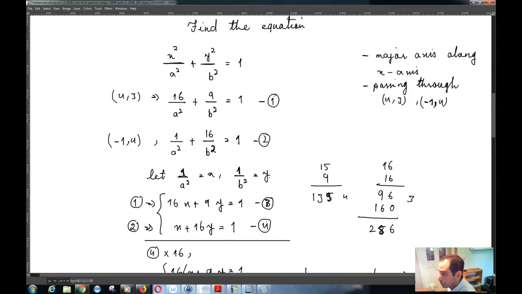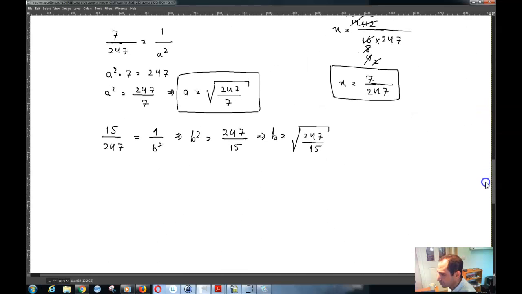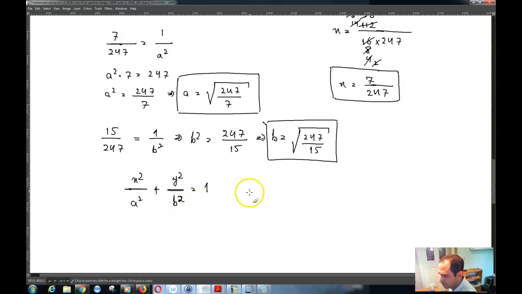Now over here what we said was that the major axis was along the x-axis, and now I have the values of a and b, so I can write x squared by a squared plus y squared by b squared is equal to 1.